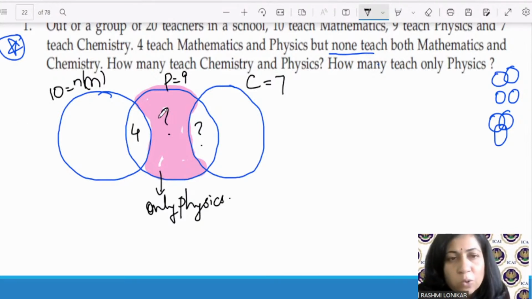Now, what are the total number of teachers? Total number of teachers are 20. So, what do I have? What is my formula?